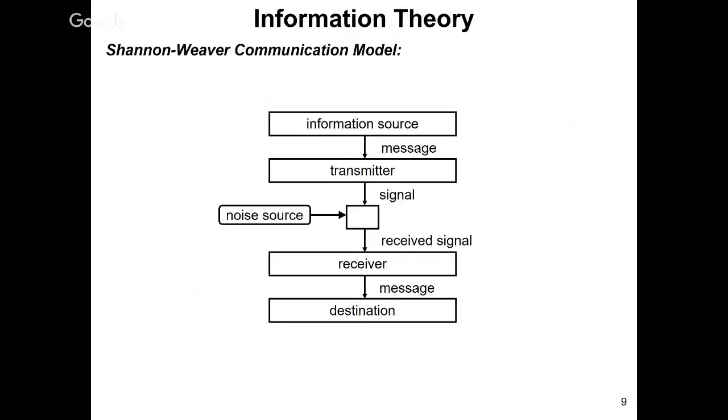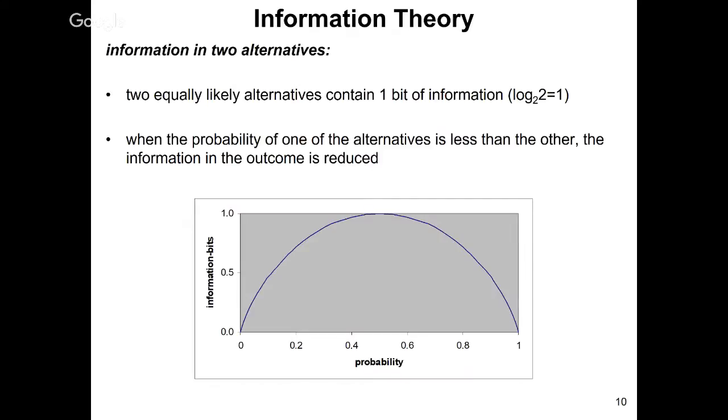The operator, or the receiver, receives the signal, internalizes the message, and it reaches the intended destination. So based on the information you're getting from the altimeter, you'll make a decision to either stay the course or adjust.